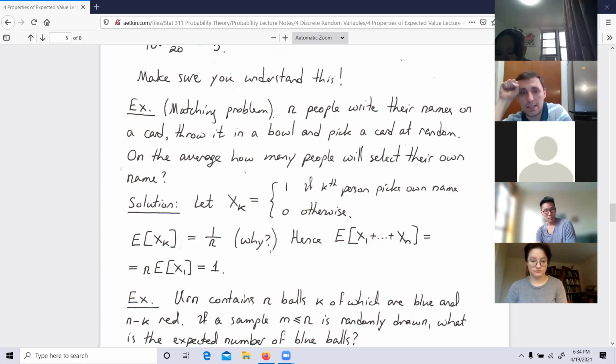It's pretty interesting, no matter how many individuals you have. We didn't say how many individuals you have. If you have 2 gentlemen playing this game, on average 1 person picks his own hat. And if you have billions, it's the same thing. On average, exactly 1 person picks his own hat.